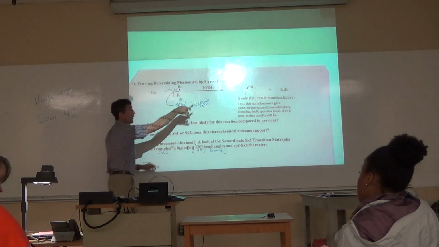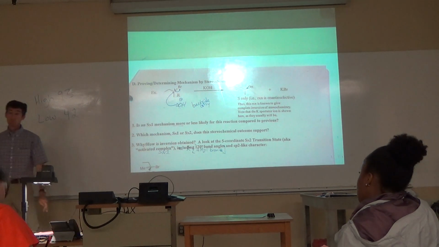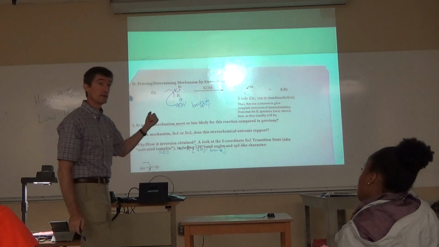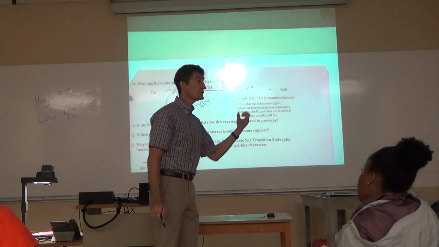If it was SN1, what would be the stereochemical outcome? Which involves making a carbocation. How do you get carbocations? Either side. And so what would be the stereochemical outcome if you did SN1? Would it be enantioselective or would it give you a racemic product?